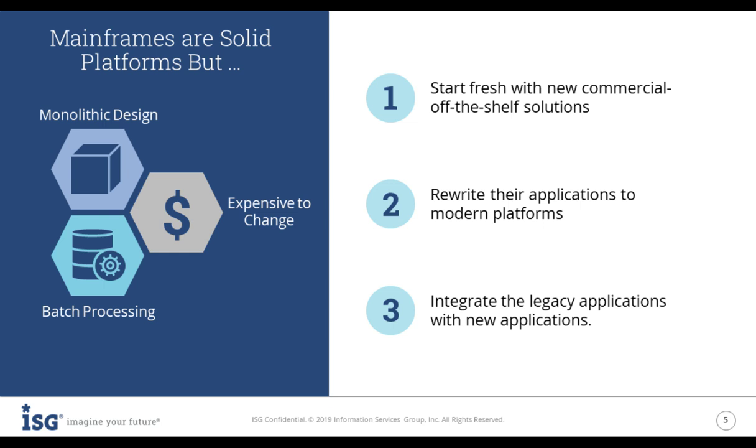They license software, such as ERP and CRM, that offer robust capabilities maintained and enhanced by the vendors. Rewriting happens when the application has a high level of customization or unique capabilities. Integrating with other newer applications is another approach that can be right for some mainframe applications or components.